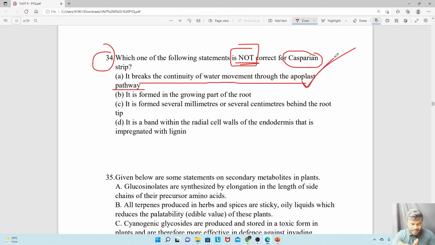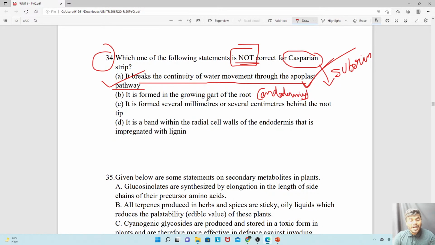It's a correct statement. The Casparian strip contains a chemical. What is that chemical? We call it suberin. Suberin is a lipid. It blocks the movement of water molecules. We all know that this is a right statement. Everyone listen. Where is this Casparian strip present? It is present on the endodermis.